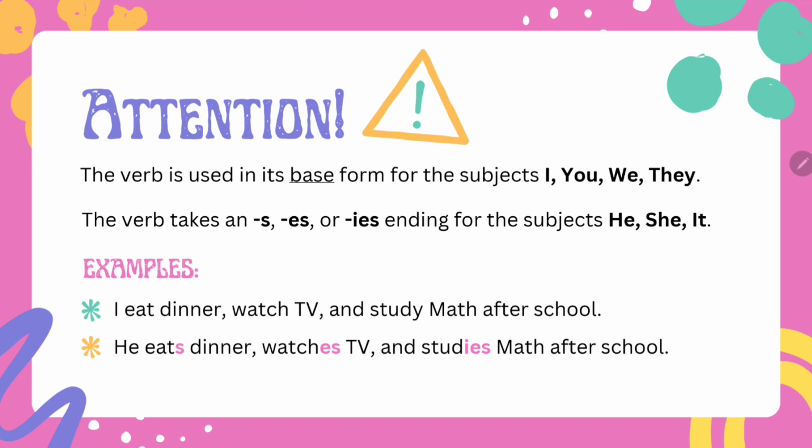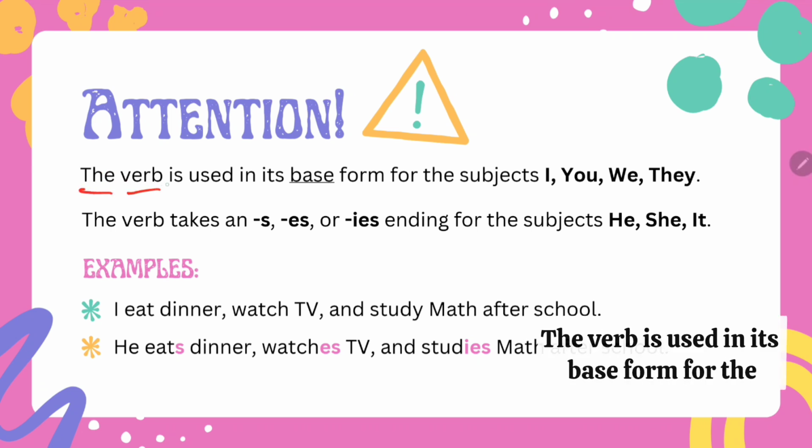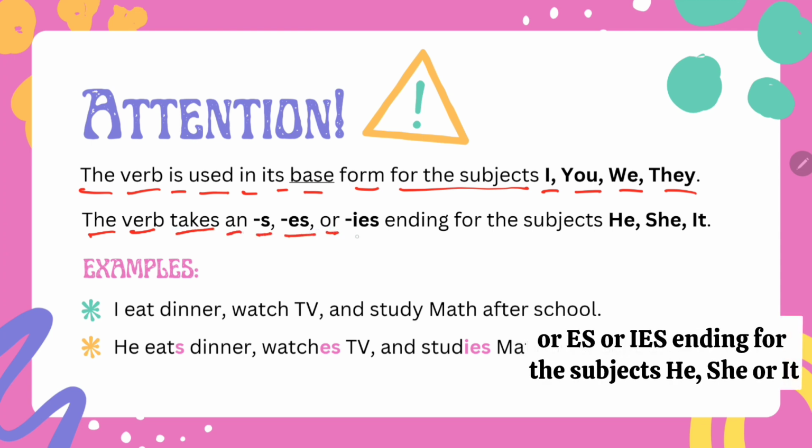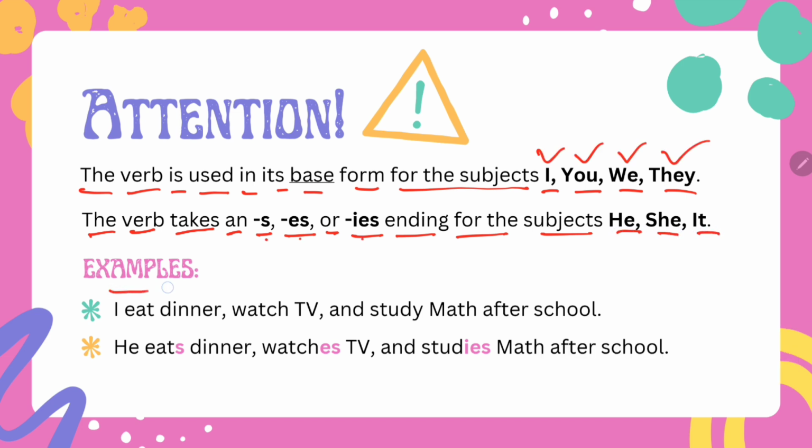Now, attention. The verb is used in its base form for the subjects I, you, we, they. The verb takes an s, es or ies ending for the subjects he, she or it. Examples. I eat dinner. I watch TV.